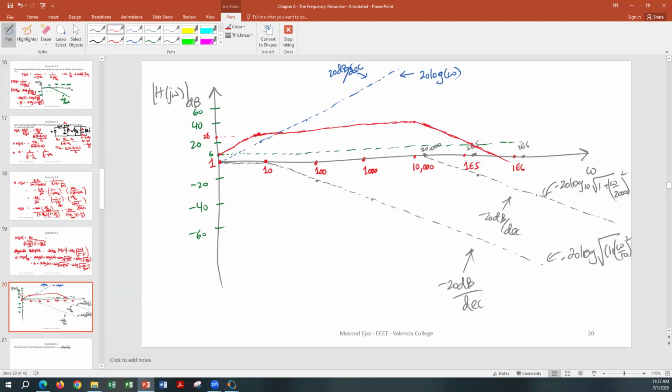All you have to show is the slope. So this solid red line is your Bode plot of the system. The dotted lines are the individual Bode plots, and the solid line is the Bode plot of the complete system.